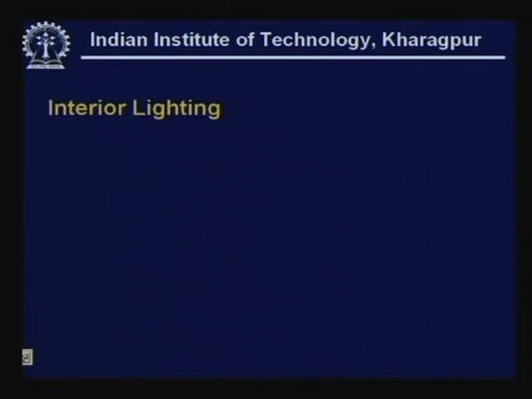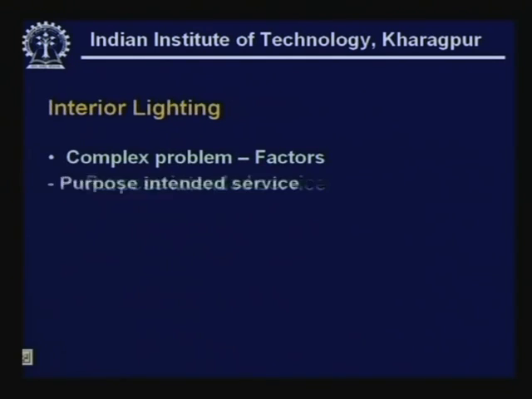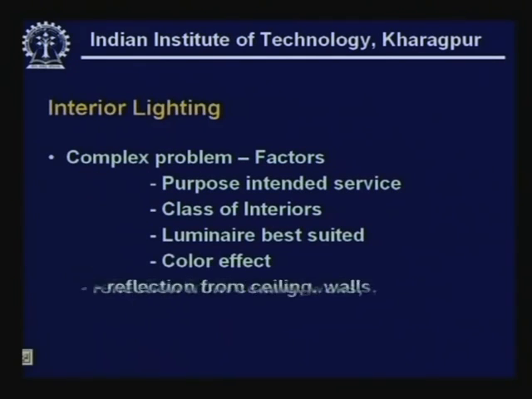So, coming to interior lighting, the lighting that is required for interiors inside a building, could be inside a hospital, school, working interiors, any building we may take has some form of artificial lighting to make it usable for the purpose which it is. Therefore, it is a very complex problem.